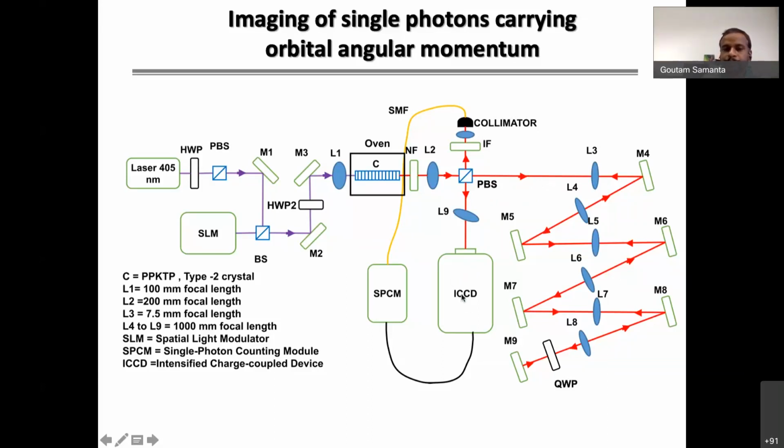Unfortunately, the dead time or the trigger time of this kind of ICCD is something around 40 or 50 nanoseconds. That means the partner photon which is being detected here sends a signal to the ICCD saying open the aperture or shutter, but this will take some time where the shutter will still be in the closed mode.